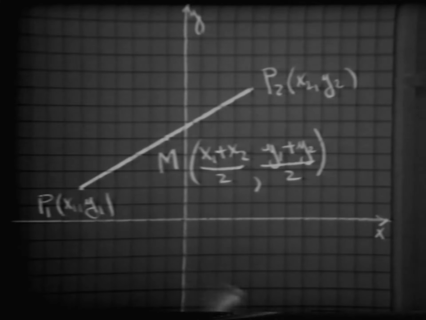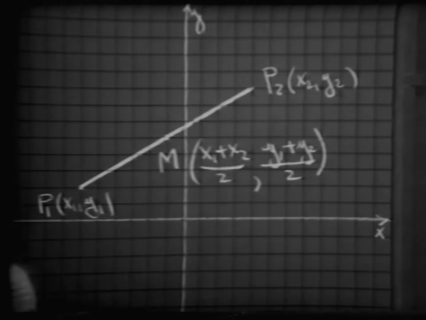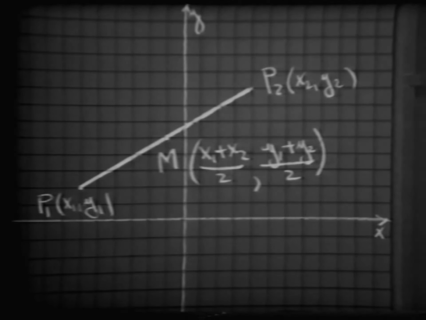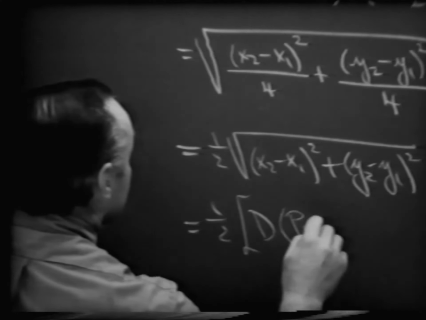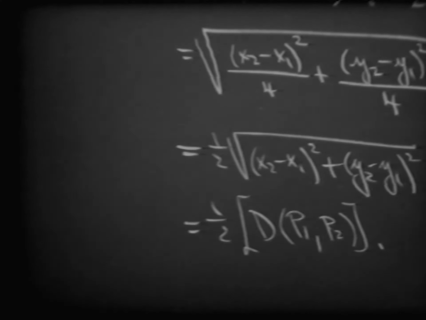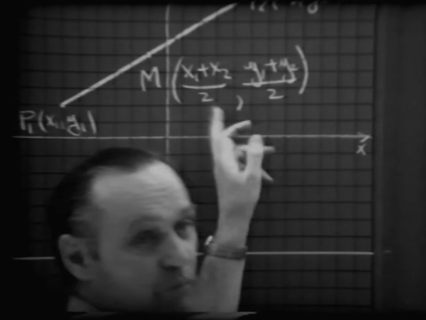Coming back to our figure, what we see there is what? The distance from where to where? From P sub 1 to P sub 2. So in fact, I think we have there 1/2 of the distance from P sub 1 to P sub 2. And is that what we wanted to show? Are we done? Fine. And indeed, we have here the coordinates of the midpoint.